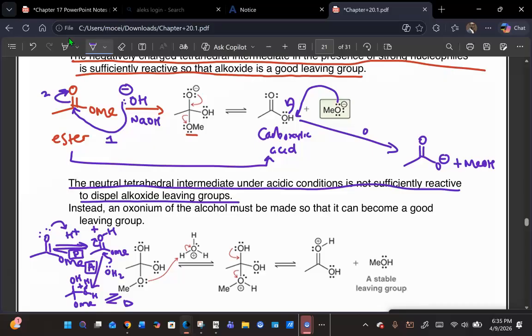And then now if you really want to expel the OMe, you have to start again with a P step. Then that one's going to go E step, because you're eliminating as you make a double bond. And then in this case, that positive charge on the oxygen is okay to be the product. We'll deprotonate that to get our carboxylic acid and methanol.